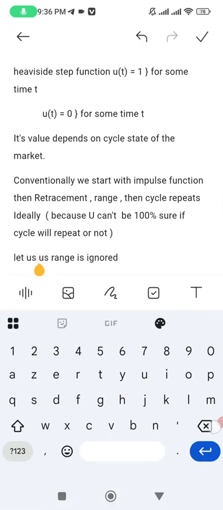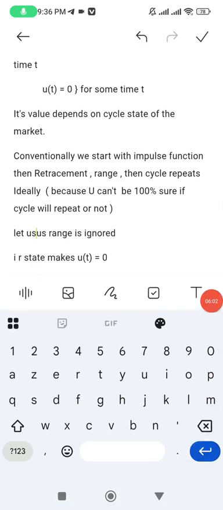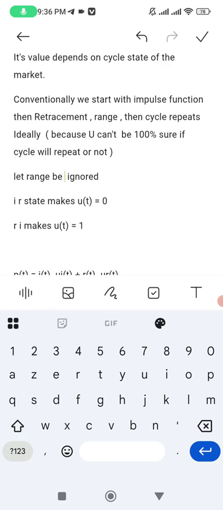So let the range function be ignored. The IR state makes u(t) equal to 0.